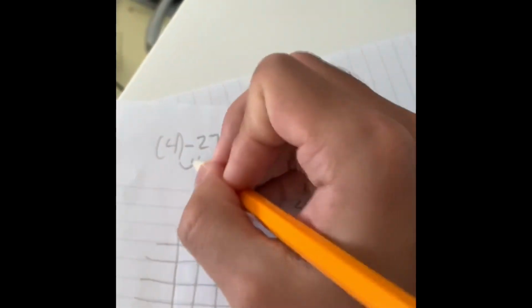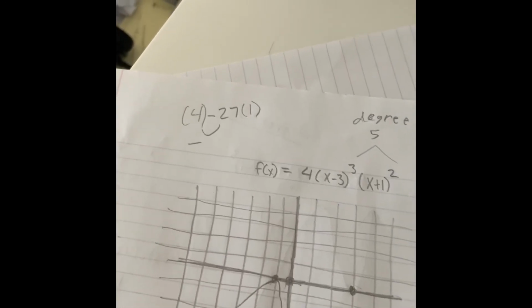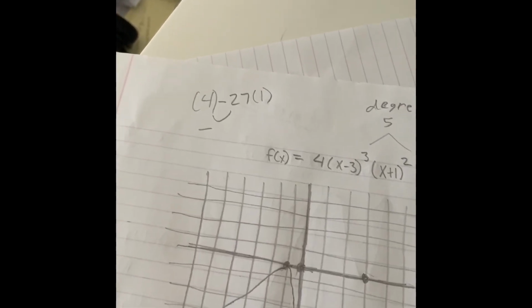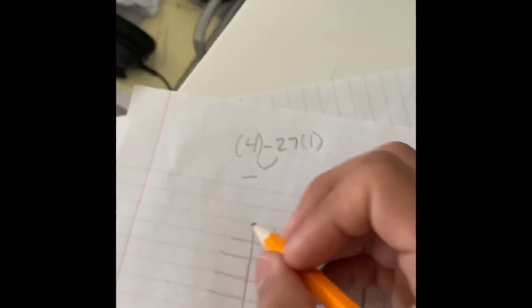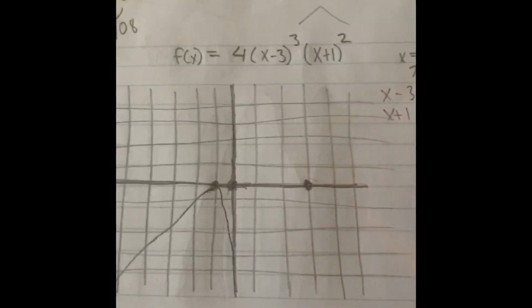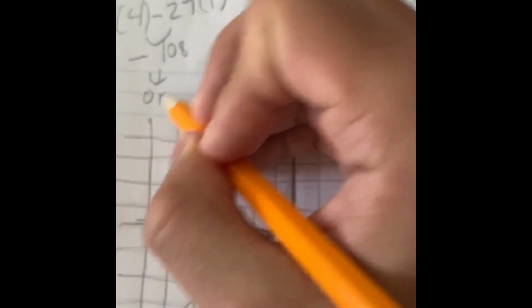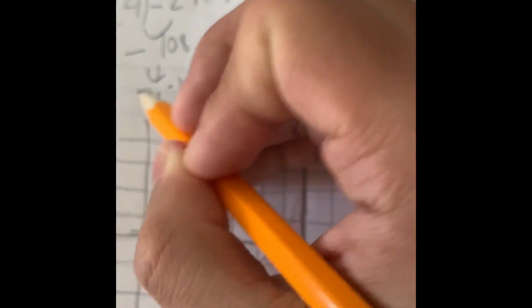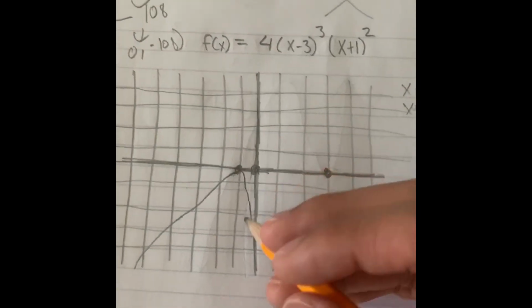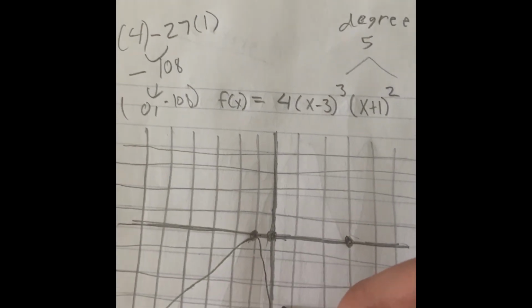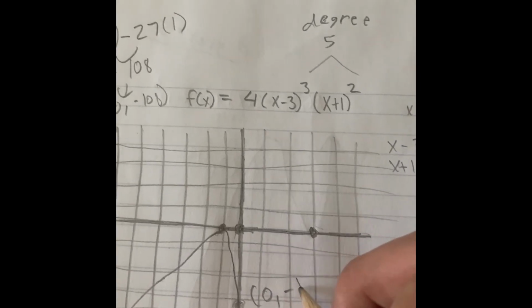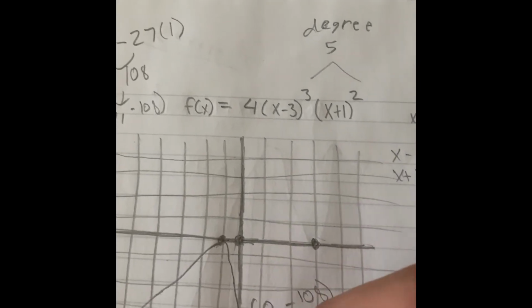And then 4 times negative 27 is about negative 108. So our y-intercept is (0, negative 108). I mean, this is nowhere near that, so over here we can just make a relative point and say that's (0, negative 108), just trying to say that that's our y-intercept.